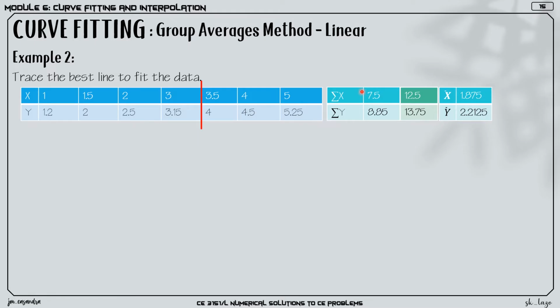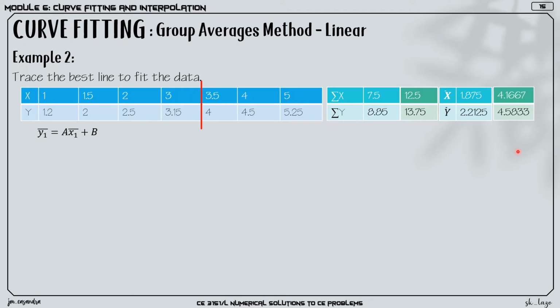And then for group 2, we have now 12.5 divided by 3. That's equal to 4.1667. And bar y for group 2 is 13.75 divided by 3, which is 4.5833. So using now our average values, we now apply it in our linear equation.